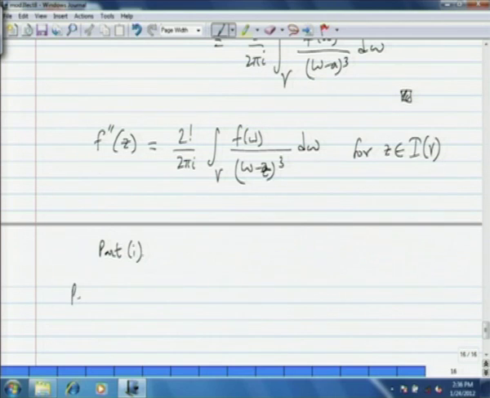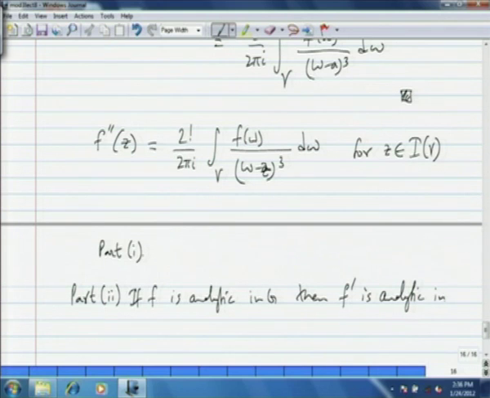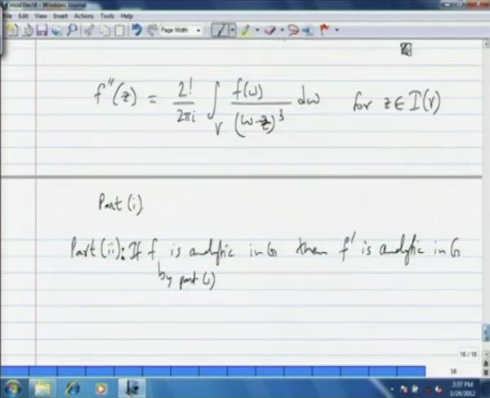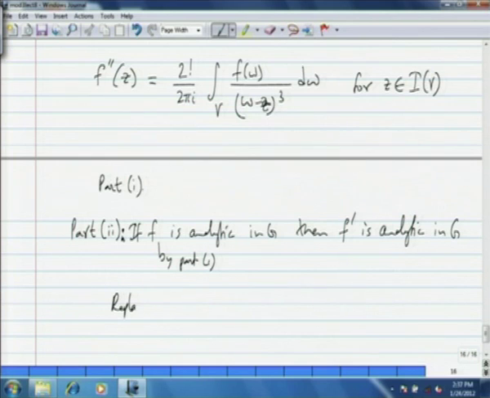Now, part 2 follows easily using part 1. What we showed is that if f is analytic in G, then f prime is analytic in G. So, this is the proof of part 2. We showed by part 1 that if f is analytic in G, then f prime is analytic in G. So, replace f by f prime in the previous statement.